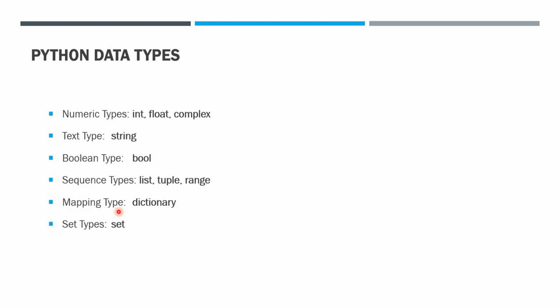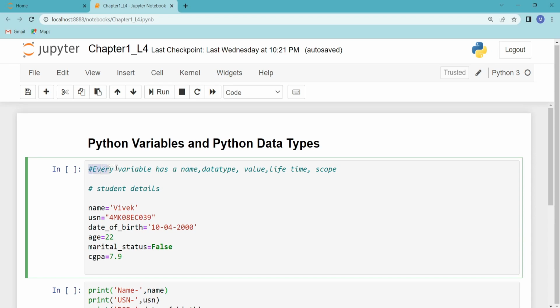Okay, now let us move on to the coding part. First, let us discuss variables. As I have mentioned, a variable is a container of data and it has a name, data type, value, lifetime and scope. Now let us understand this with an example.